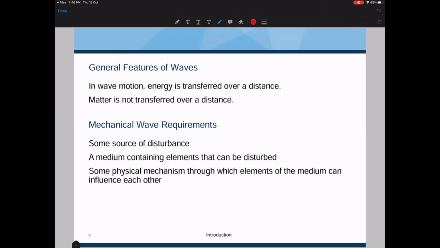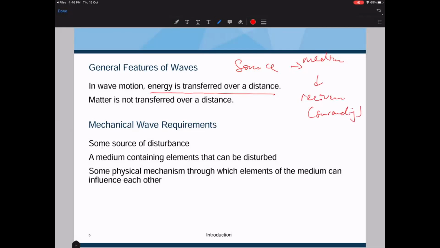If you have a wave, you must have energy transmission from the source through the medium to the, if you like, receiver or the surrounding.